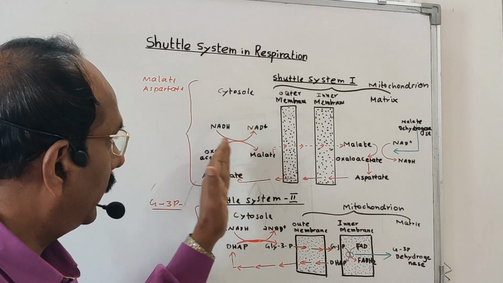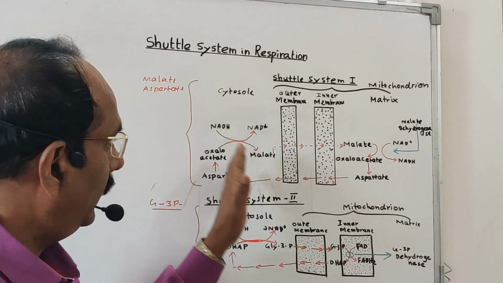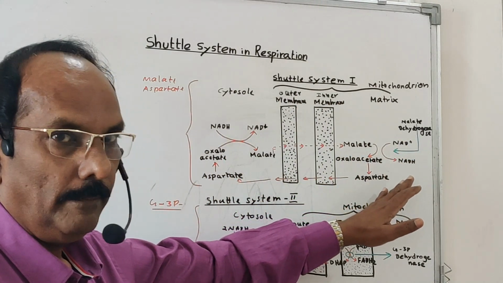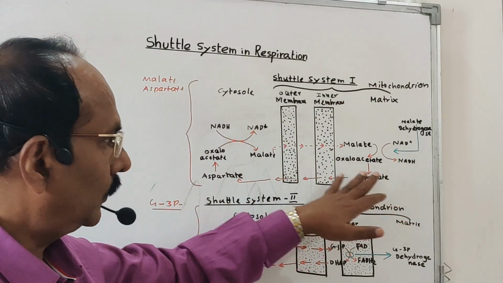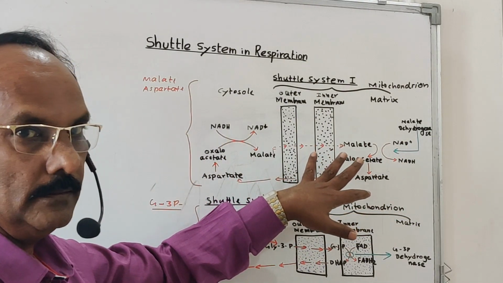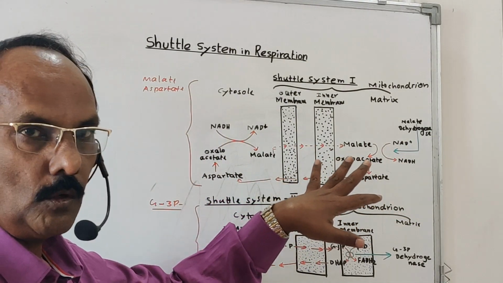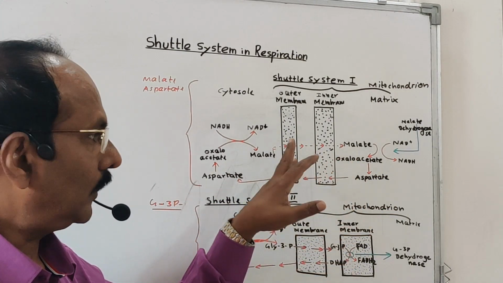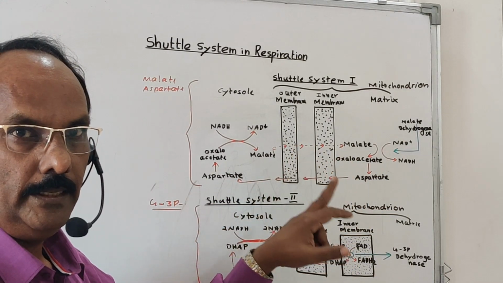So when the cycle is operating, the NADH formed in the cytoplasm is transported into the matrix of the mitochondria without using any energy. This type of shuttle system helps to obtain 38 molecules of ATP from one glucose molecule without losing any energy.